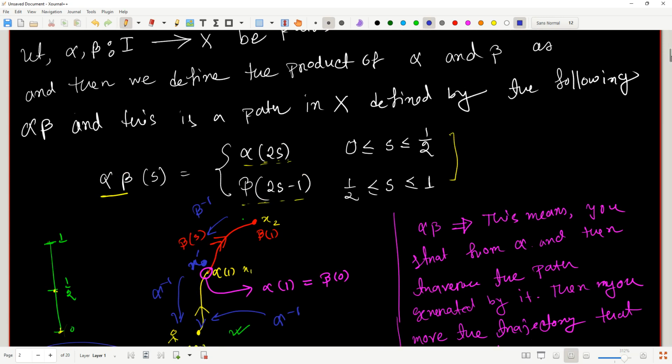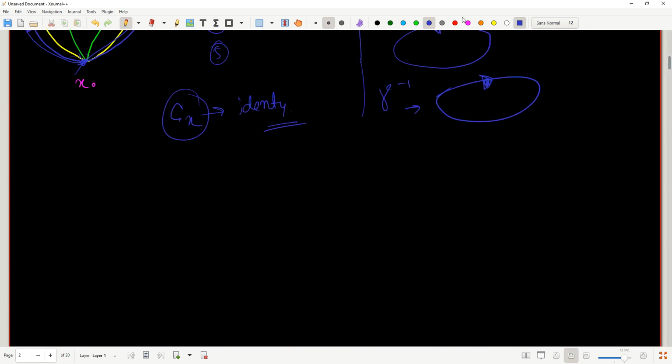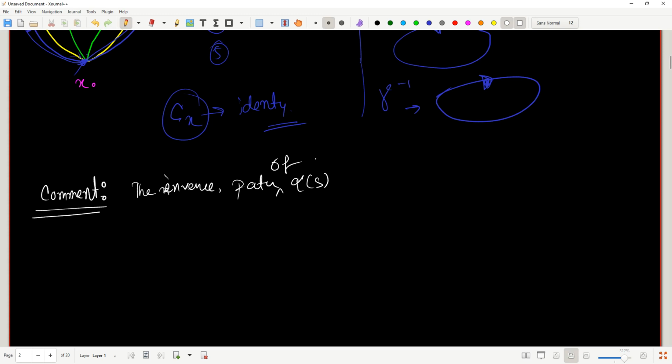So just before I finish off this discussion, I want to make a comment. The inverse path or loop of path alpha of s is denoted by alpha inverse of s, which is alpha of 1 minus s.